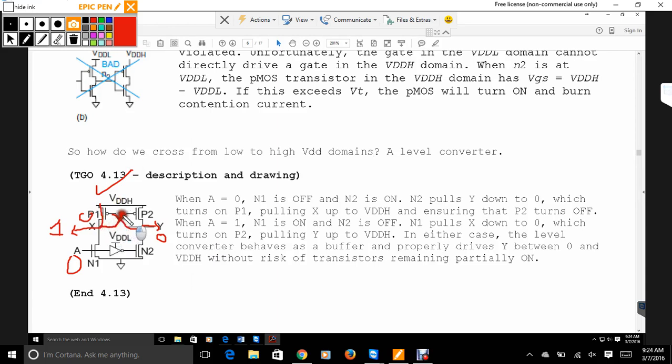Likewise, if it's a 1 here, it turns P2 off, and that strengthens the 0, which means it's more than likely to meet the noise margin for Y. Therefore, you can have appropriate signals for both a 0 and 1, and you have appropriately converted the level. Does that make sense?